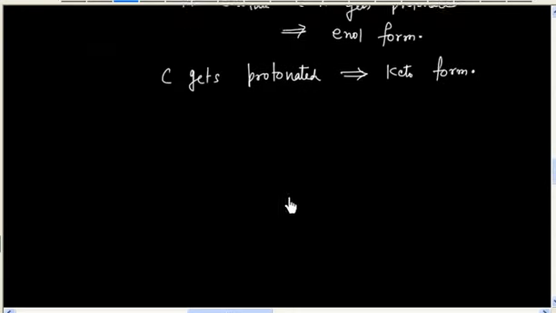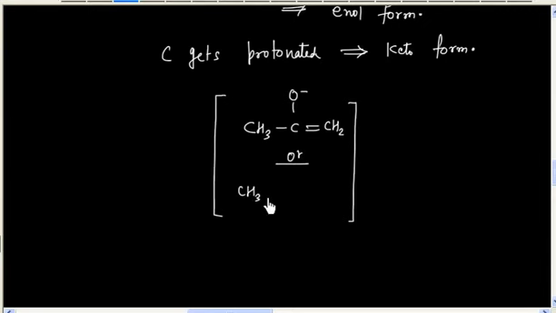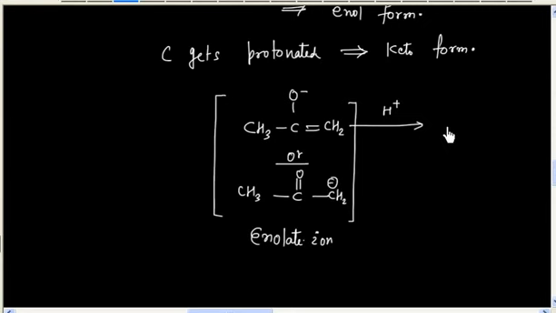So the intermediate, that is enolate ion, is important. This is the intermediate, the enolate ion. Now if oxygen gets protonated, we will have enol form, and if carbon gets protonated, we will have keto form.